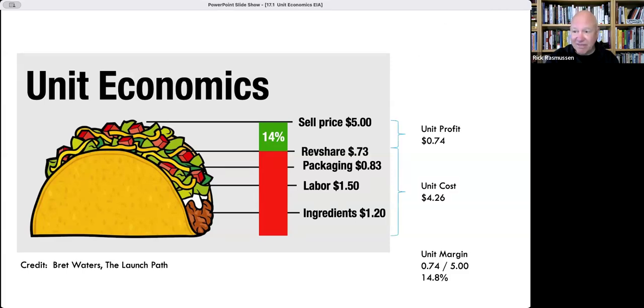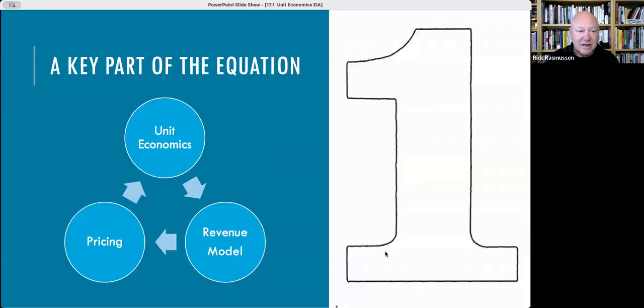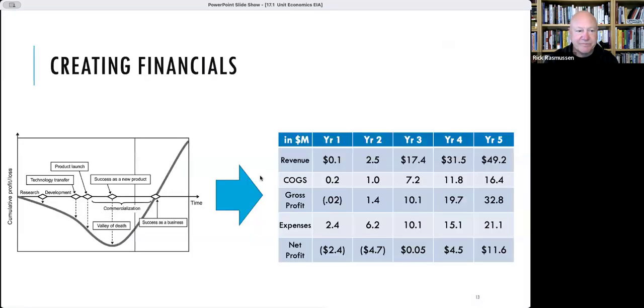The math, pretty simple, looks like this. Here's your unit cost, here's your unit profit, here's your unit margin, which I'll explain in a minute, and you're off and running. Think in these terms for the next 10 minutes as we go through. Those three are necessary ingredients before you actually start to build something.